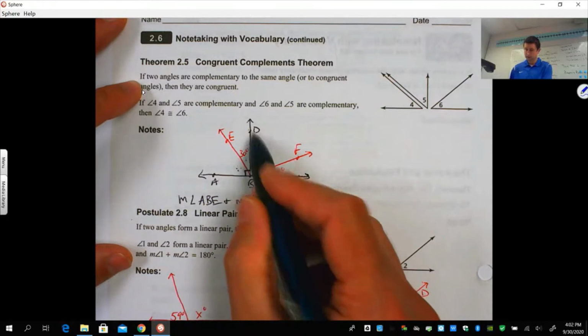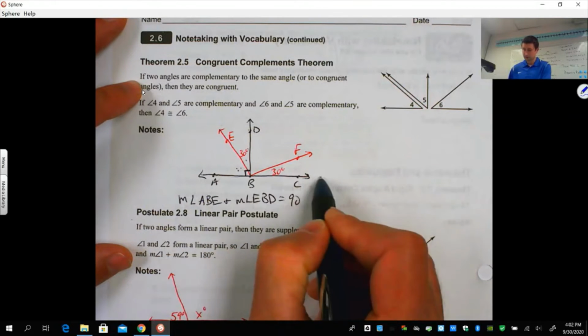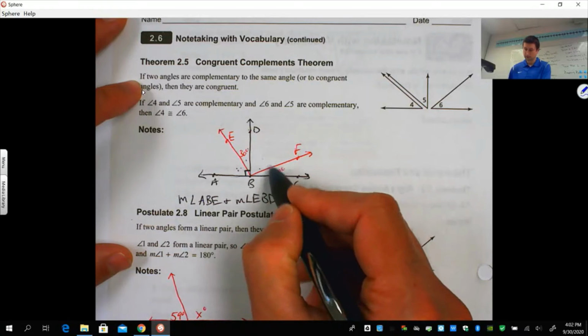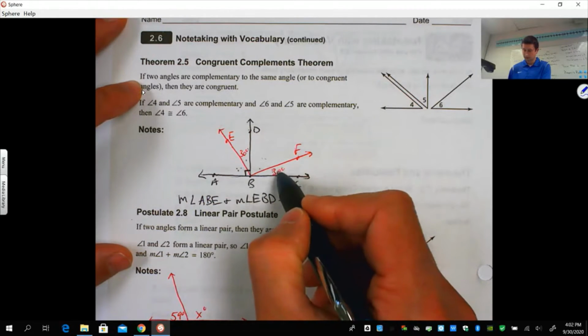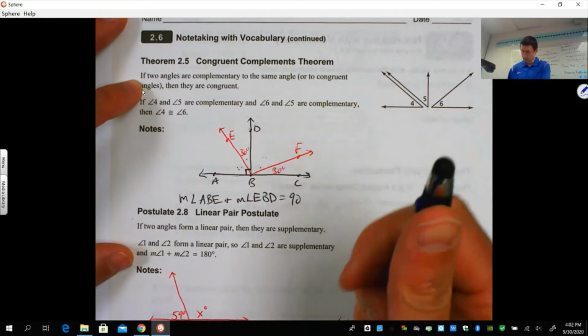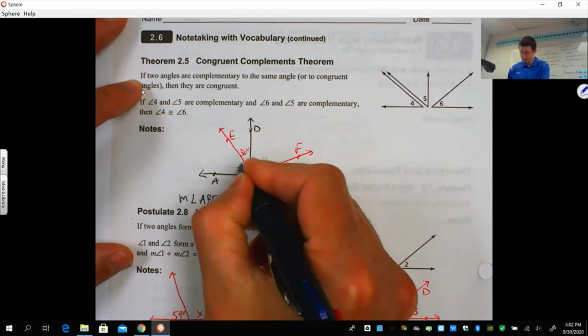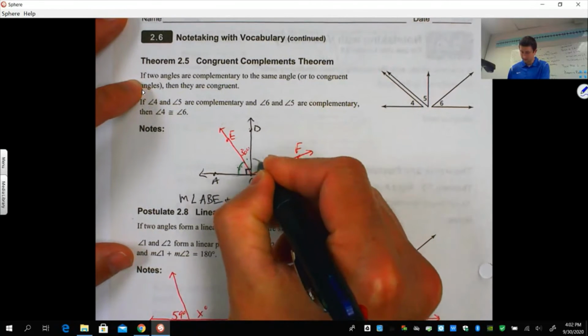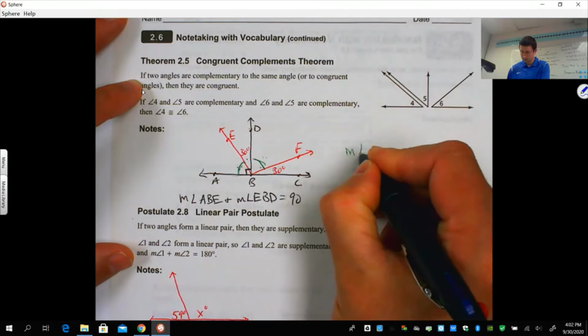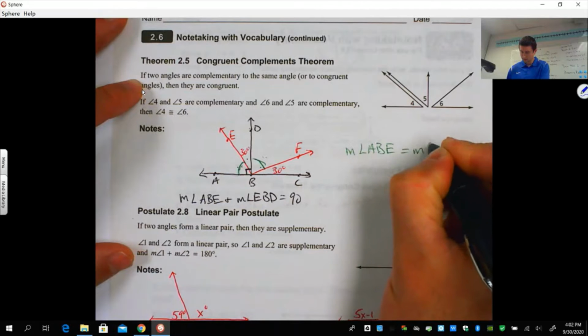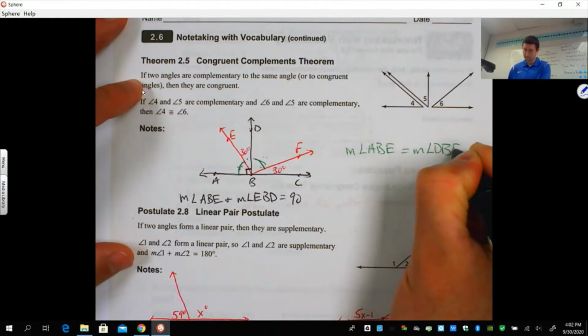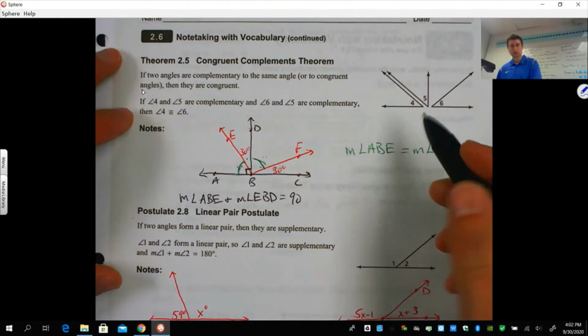We know the big angles are 180 because there's a straight line. So this has to be 90. These two have to be complementary. So if this is 30 degrees and this is 30 degrees, we should know that this angle here would equal this angle here. So the measure of angle ABE would equal the measure of angle DBF. Okay, so those two angles should be congruent.